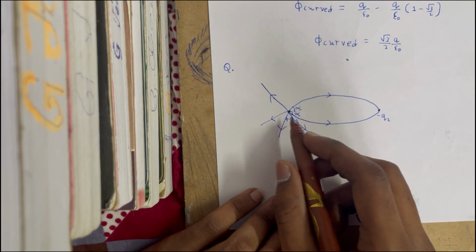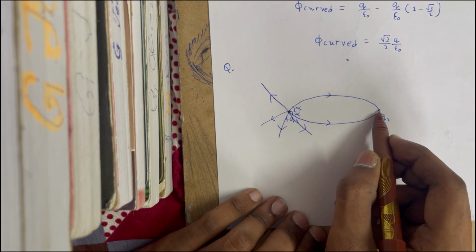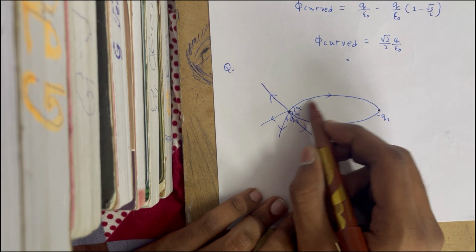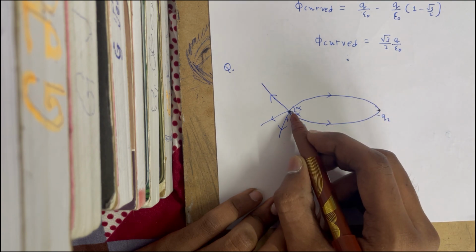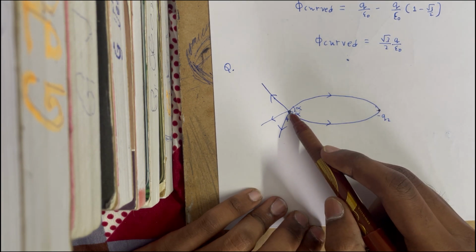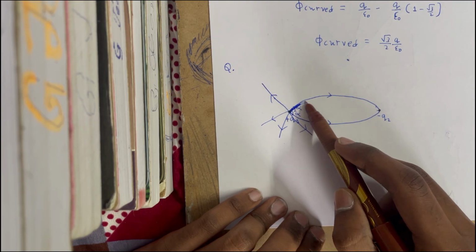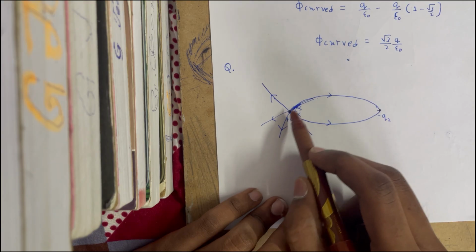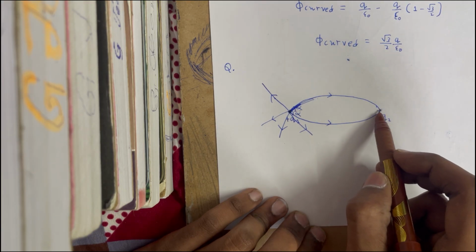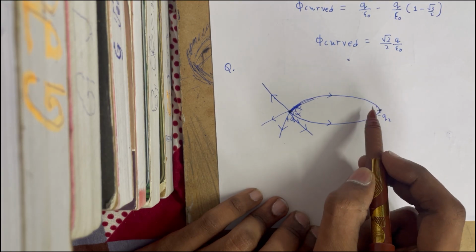So how many field lines are going to go from here to here will be the same. I mean, if we assume an angle alpha here, at an angle alpha, the number of field lines going from here to here will be the same as the number of field lines it was receiving, right?